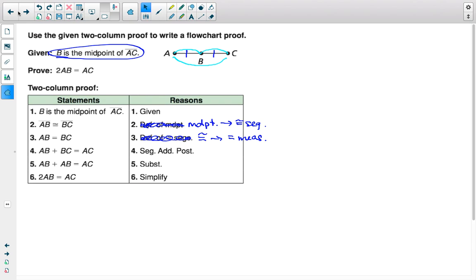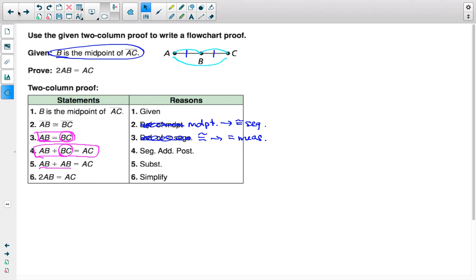Then, since step 4 is true, and step 3 is true, I can take BC and replace it with AB. That's substitution. I just replaced BC with AB because I know AB and BC are the same thing. Then I combine my like terms, and that's how I get that.